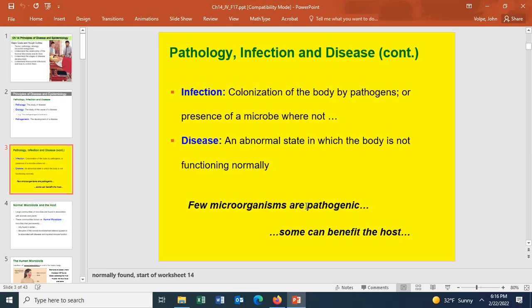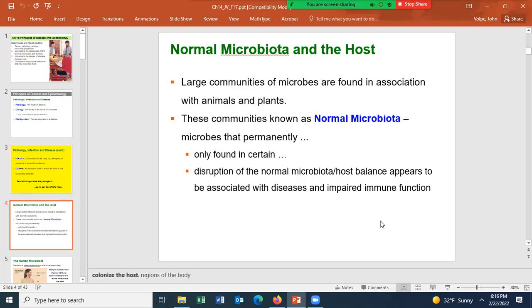Some microorganisms even benefit the host. For example, many of the microorganisms that form the normal microbiota of the host are beneficial. Not all, but many of them are beneficial to the host. The normal microbiota establishes a relationship with its host.